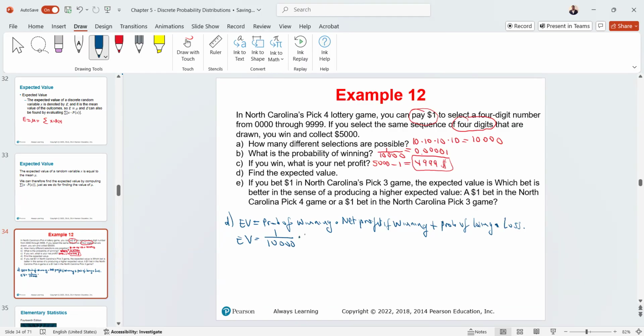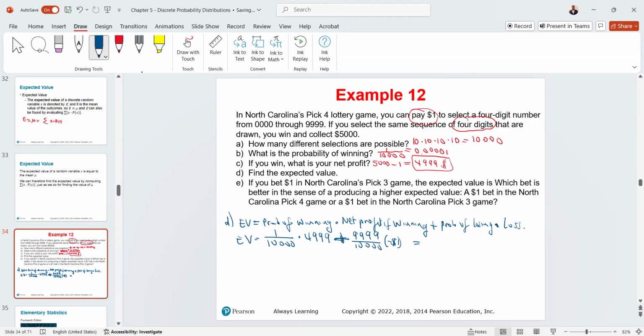If you win, you're going to make $4,999, plus... what is the probability of losing again? It's not 4,000, it's 9,999 over 10,000, 4 nines over 10,000, because you have only one way of winning. Times the loss. What is the loss? Negative $1. Remember, it's $1.